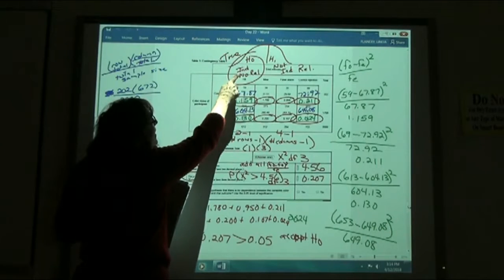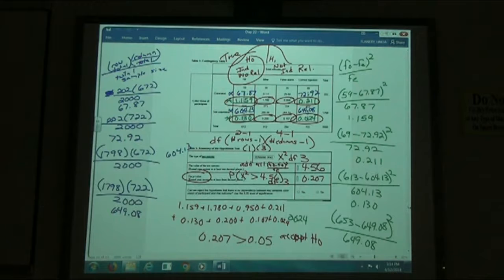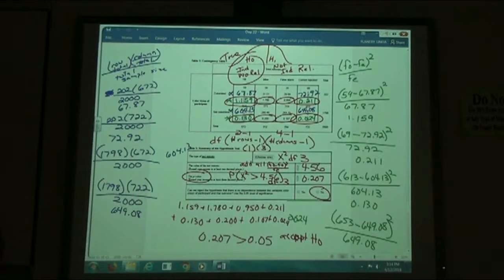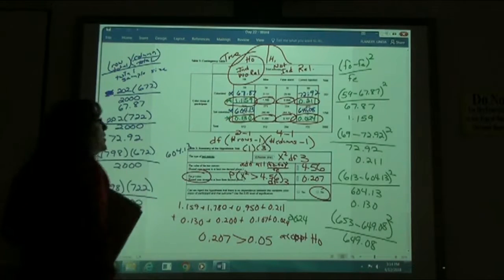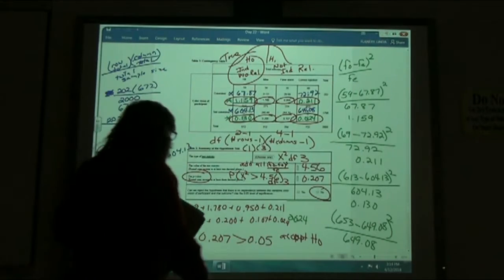No, we can't reject that. That's the true statement. The true statement is saying there is no relationship. So can we reject that? No, we can't. We're going to say there is no dependence because there's no relationship.